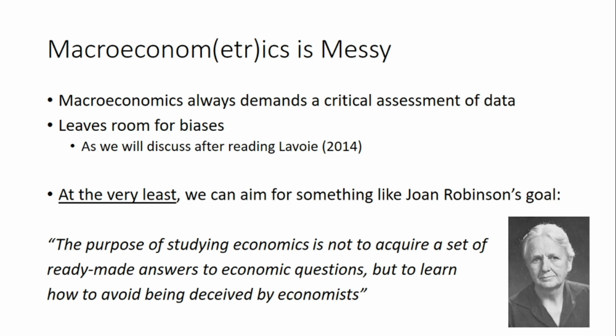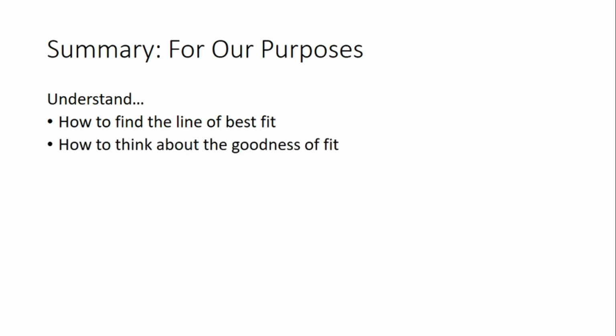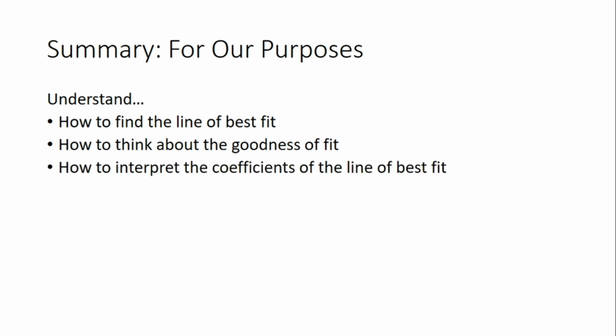For our purposes, the takeaways are as follows. Please try to understand how we find the line that best fits, how we can think about the goodness of fit and compare different specifications or different regressions, how we can interpret the coefficients of the line of best fit, what do they mean.